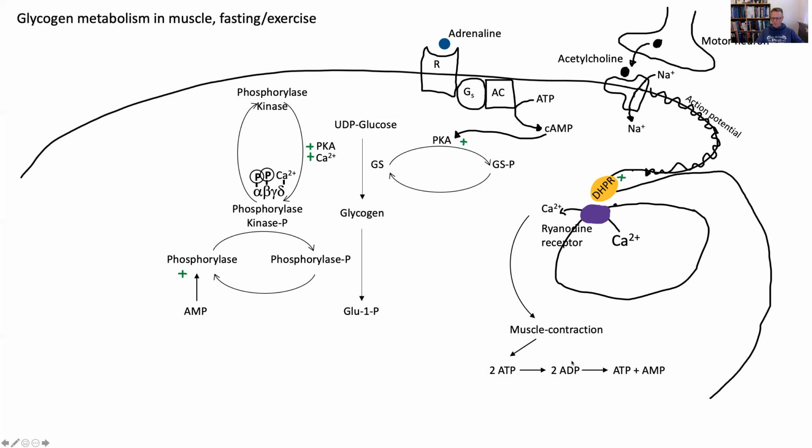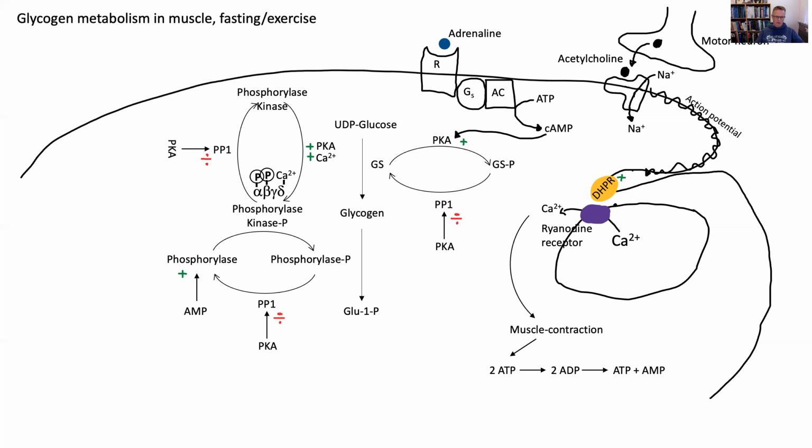So we basically use 1 ADP to phosphorylate another ADP, leading to production of ATP and AMP. That means that the level of AMP will increase quite dramatically during muscle contraction. And AMP is a strong allosteric regulator and stimulator of the non-phosphorylated form of phosphorylase. So simply by increasing the level of AMP, we can stimulate degradation of glycogen further by stimulating the activity of the non-phosphorylated form of phosphorylase.